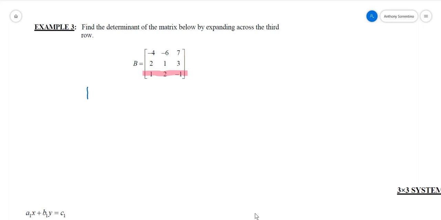The determinant of B is going to equal 1 times B of 3,1 plus 2 times B of 3,2 plus negative 1 times B of 3,3.